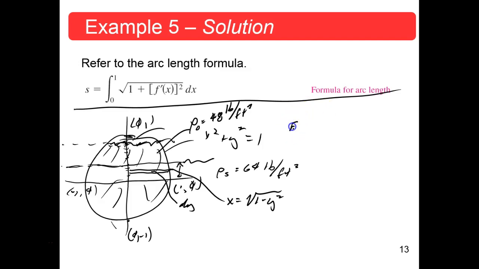The total force inside the barrel is the density, which is a constant, 48 pounds per square foot. I'm going to write this for now, times the integral, and this gives us our... because density is force per unit volume, so what we've got out here is the volume, okay?